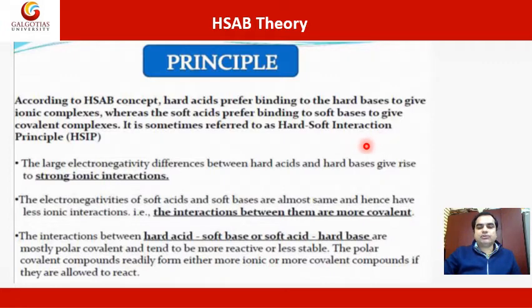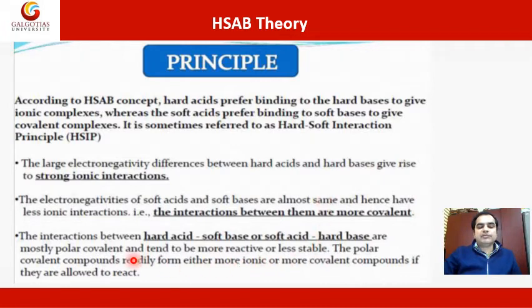It is sometimes also referred to as the hard-hard and soft-soft interaction principle. If the difference in electronegativity is very large between hard acids and hard bases, they give rise to strong ionic interaction between them. Similarly, the electronegativity of soft acids and soft bases is almost the same, hence there is very little ionic interaction between them. That's why the interaction between them is not ionic, but covalent.